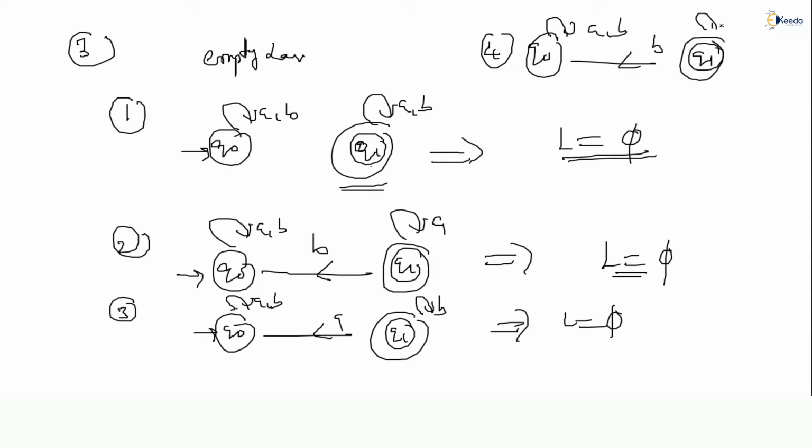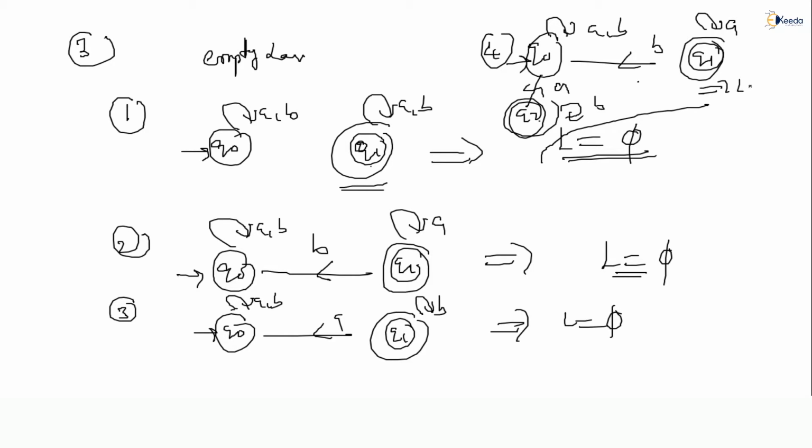Q1 is a final state, is repeating A. Then another state is there here, Q2 also a final state, on A is coming, for this it is reaching B, repeating B. So simply Q0 is initial state, Q0 on A comma B Q0, and Q1 on A Q1, on B Q0, Q2 on A Q0, Q2 on B Q2 only. So these two final states are unreachable from the initial state.